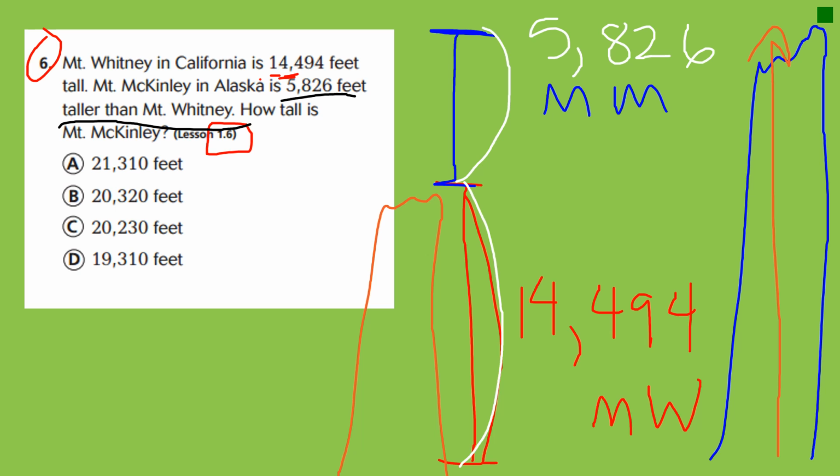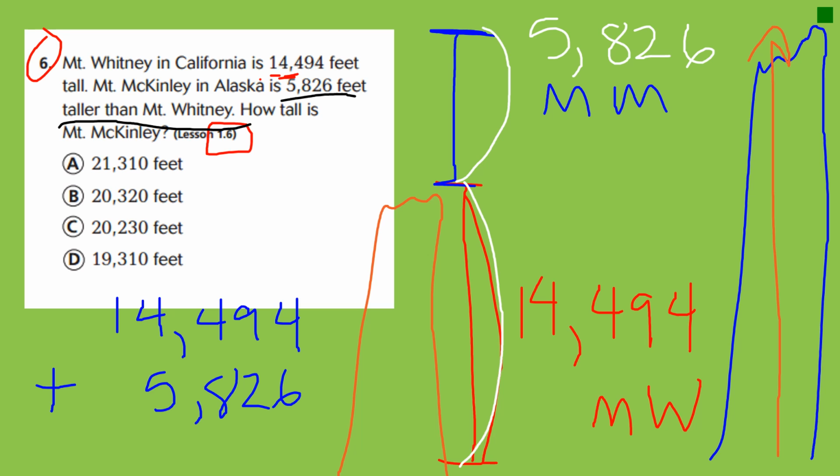Okay, so what are we going to do with these numbers? We're going to add them together. 14,494 plus 5,826. Because we have to add up Mount Whitney and then add on how much taller Mount McKinley is.